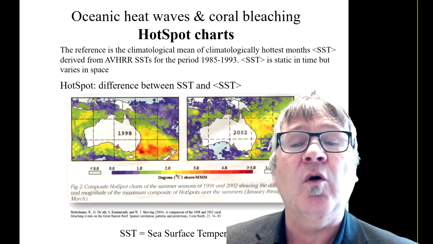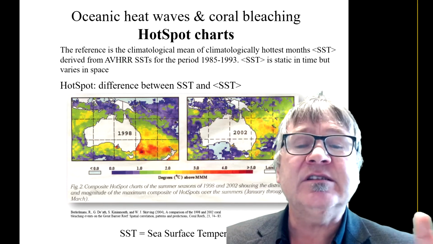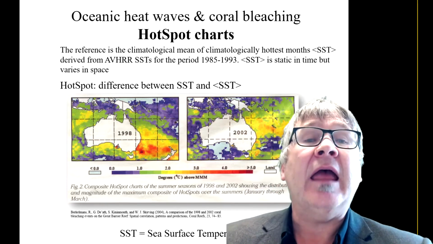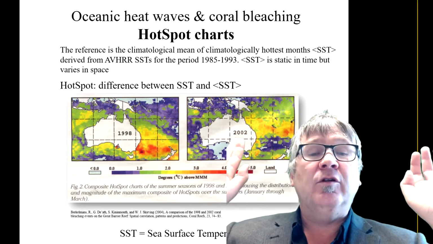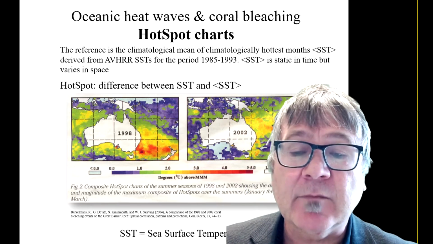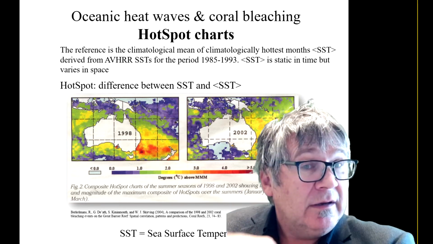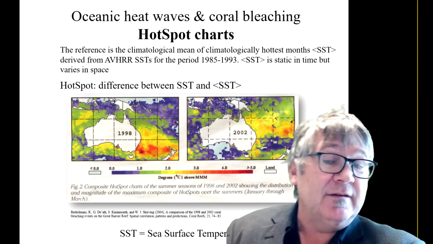And this is what we call hotspot: the difference between the actual sea surface temperature and this climatologically hottest month. This is from 1998, shortly after the 1997 El Nino event.